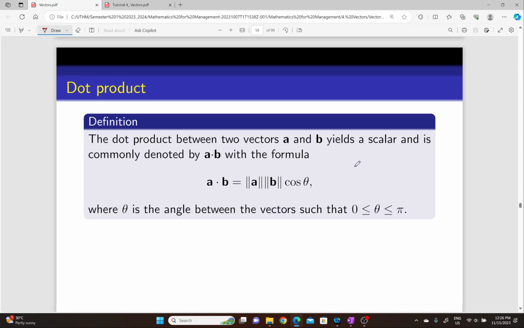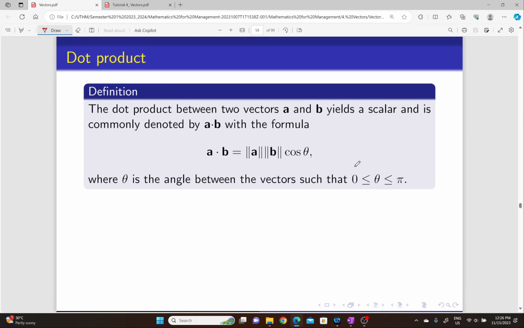Alright. Dot product. There are 2 more ideas or notions to go, then after that we will go to the exercises. The dot product between two vectors is denoted by this.